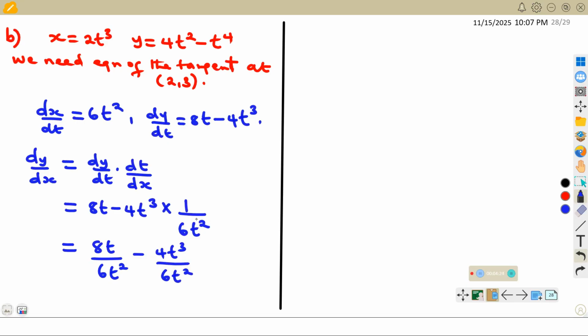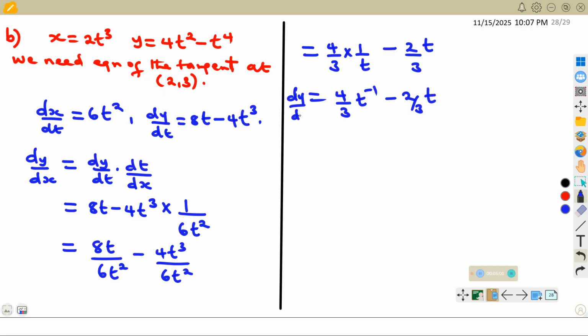Remember, each of these is divisible by this expression. Dividing by 2, this will be 4 over 3, and the t will be 4 over 3 times 1 upon t. Then subtracting, dividing by 2, this is 2 over 3, and this will be t. So this can as well be written as 4 over 3 t to power negative 1 minus 2 over 3 t as dy dx.